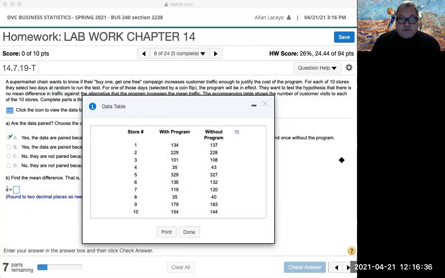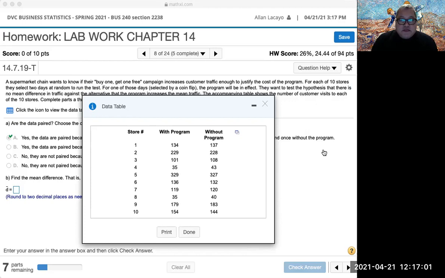The way we build this expression is we take the number of customers with the program and subtract the number of customers without the program. And we're going to call this computation D. So D is the difference in customers with and without the program.